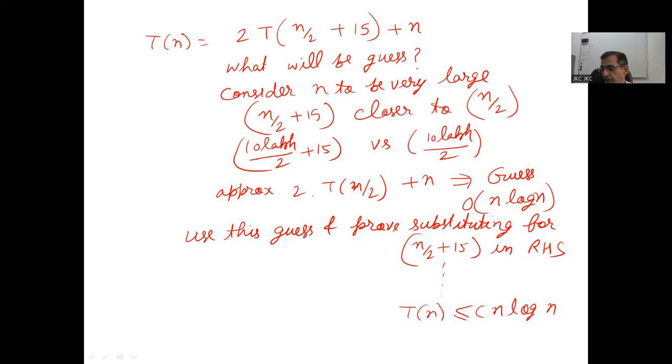So this is what we have to do. Making a good guess will always be desirable, and after guessing, doing good mathematics and solving it will be another challenge which you have to do.